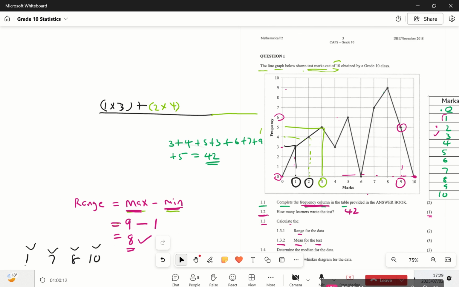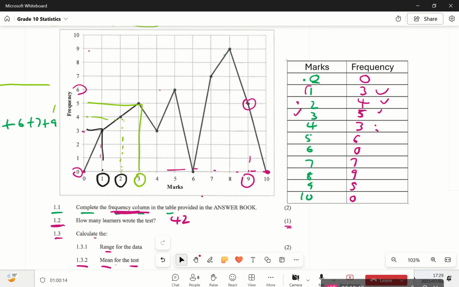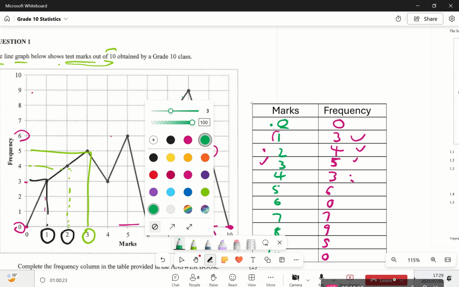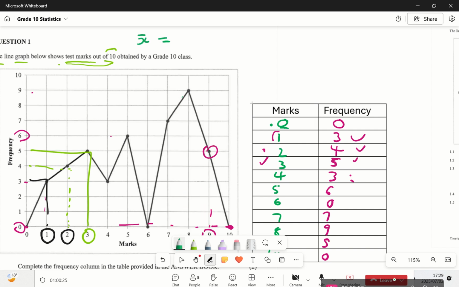So you just essentially use your frequency diagram there. Just go X bar equal to, add the values. Start with this: 1 times 3 plus this 2 times 4 plus this 3 times 5.